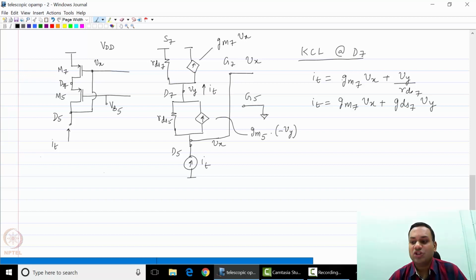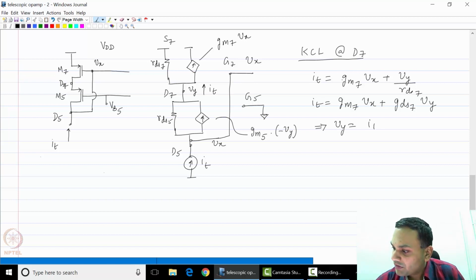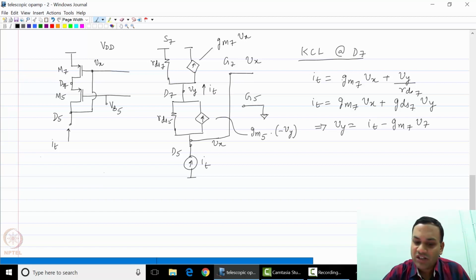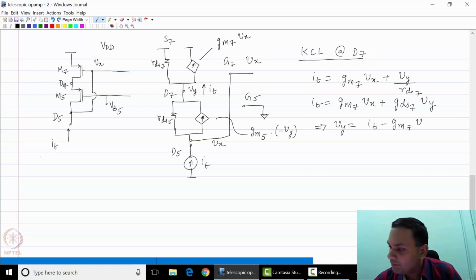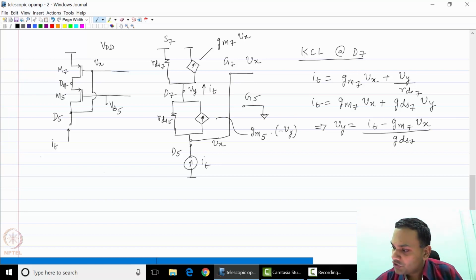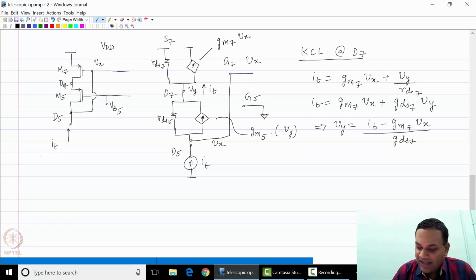So this is our first equation, and from this we can say that Vy is It minus Gm7 Vx over GDS7. Next we will write KCL at D5.